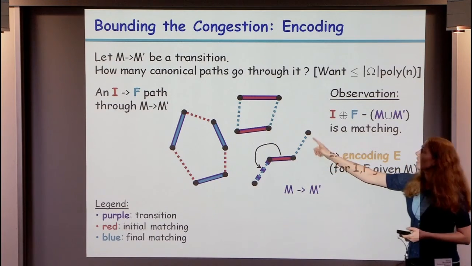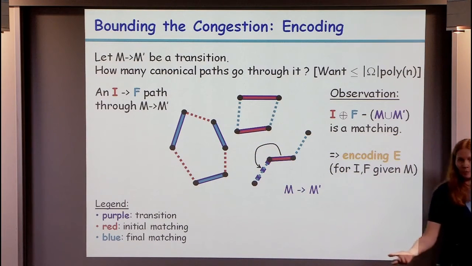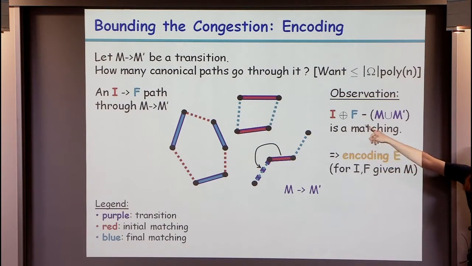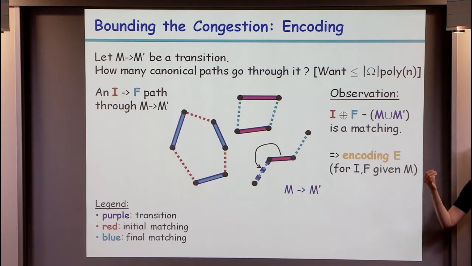I'm left with my dashed edges, which are forming a matching, right? Okay. And this is another brilliant idea, actually, on how to use canonical paths. This matching, I union F, the start matching and the end matching, minus the transition, let's call that an encoding.